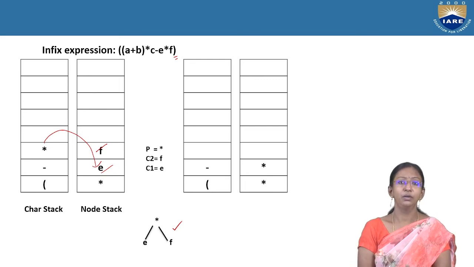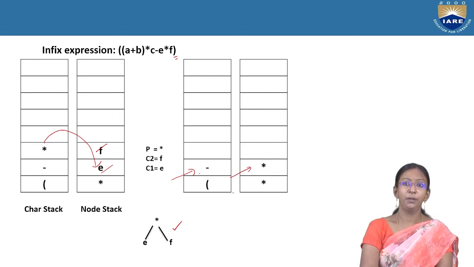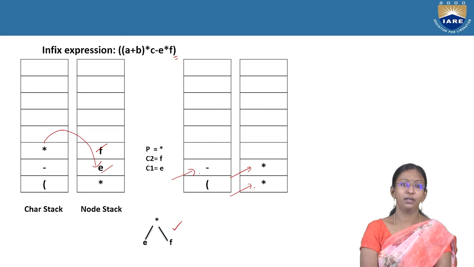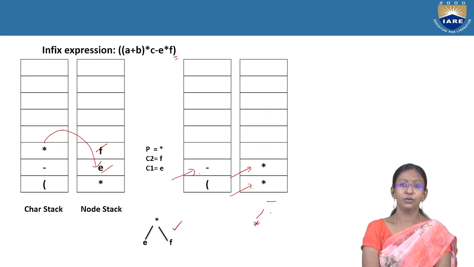As they are over, we have to repeat the same process. What I mean is, the element on top of the character stack will become the parent. The element on top of the node stack will be the right child. An element below it will be the left child. And construct a binary tree for the same. So how is it going to look? This is how it is going to look, right?